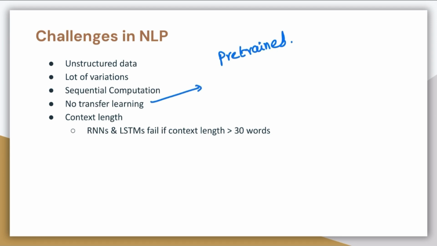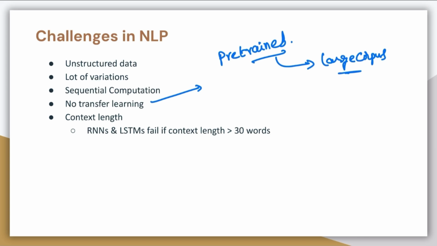What are pre-trained models? Pre-trained models are models which are trained on a large corpus. Training a model on a large dataset is a problem because we have sequential computation in the first place. And second, even though we provide a large corpus, we might not be able to understand the context fully with RNNs and LSTMs.